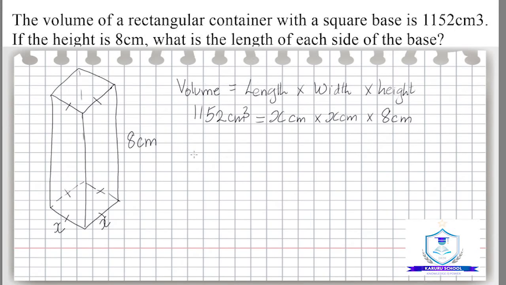So we can simplify our equation and we get 1152 centimeters cubed equals x multiplied by x gives us x squared centimeters squared multiplied by 8 centimeters, which is equivalent to the volume of that shape.